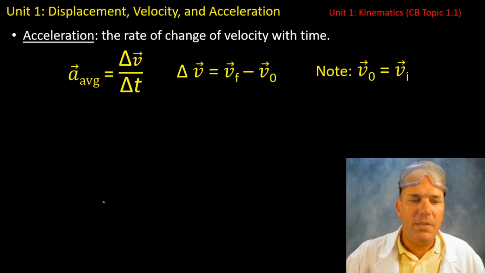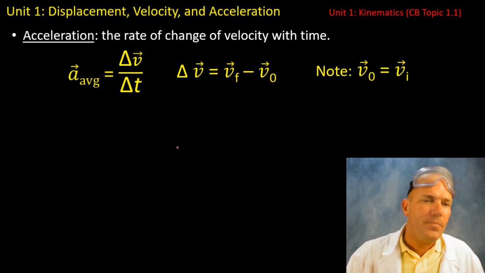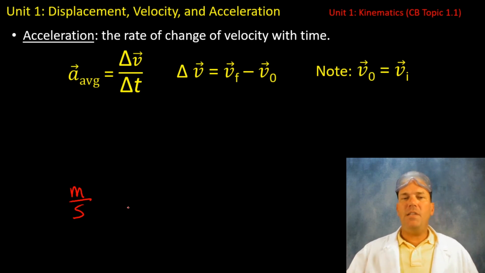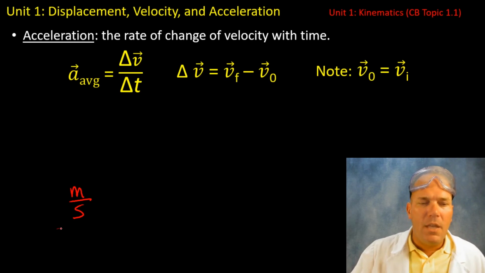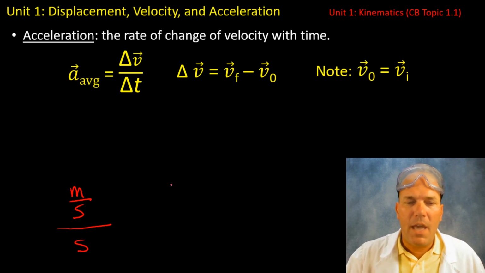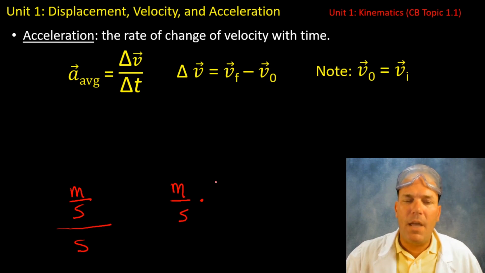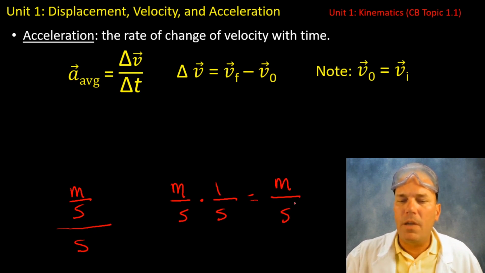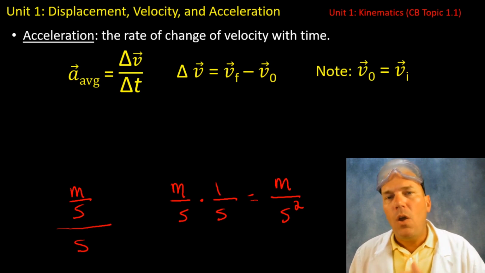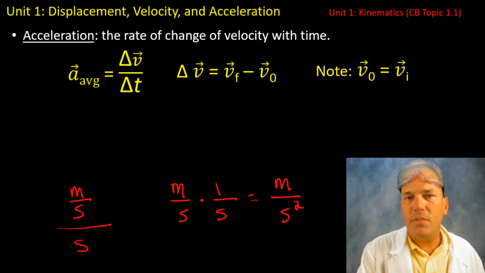I also would like to look at the units here. Units for velocity would be meters per second, and we're dividing by seconds. So that means we have meters per second multiplied by the inverse of a second, which gives us the base SI units for acceleration to be meters per second squared.